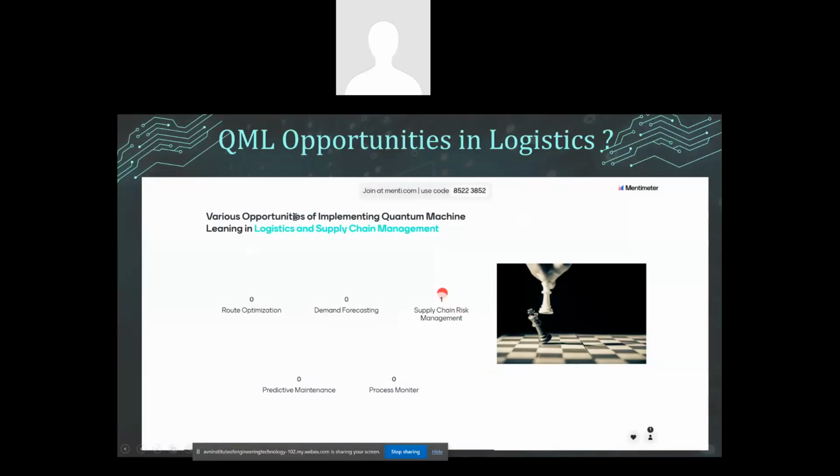In logistics and supply chain management, I have listed a few things: route optimization, demand forecasting, supply chain risk management, predictive maintenance, and process monitoring. We need to identify the various opportunities and see where we can implement quantum machine learning in these areas.